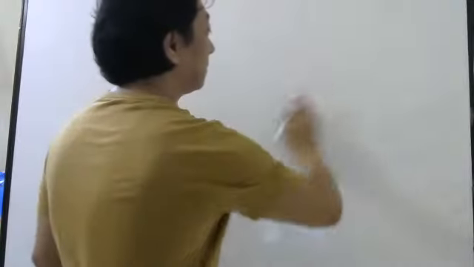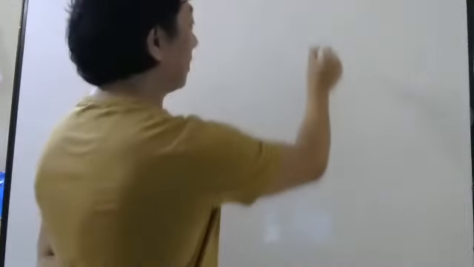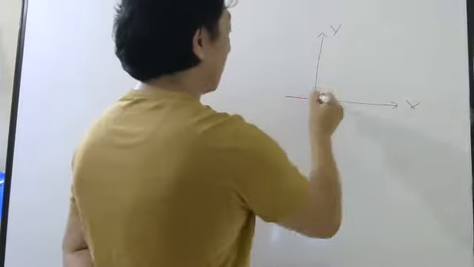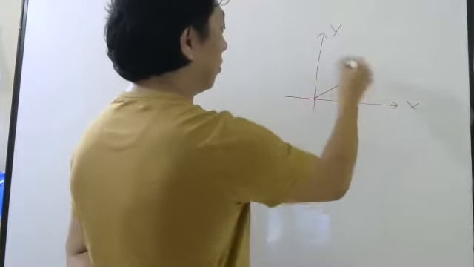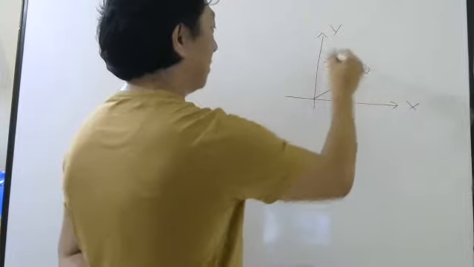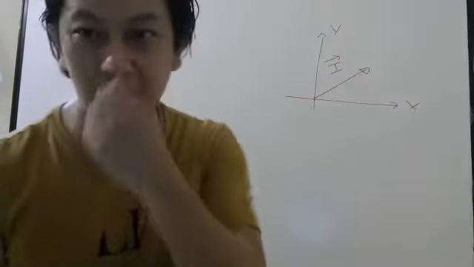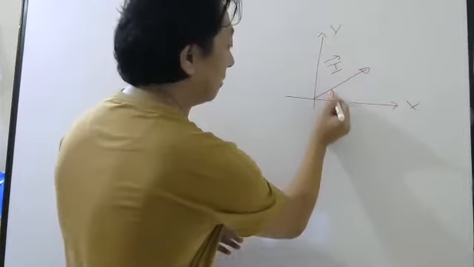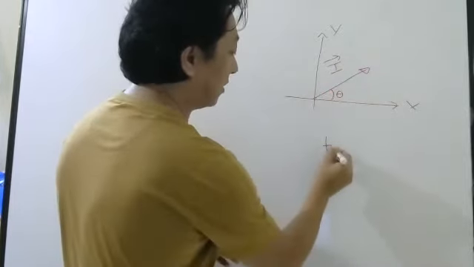Okay. Now look here. Whenever they ask you to find the direction of any vector in the XY plane, let us say we call this vector I bar. If there is a vector I bar and they want you to find the direction, meaning this theta you have to find, tan of this theta.